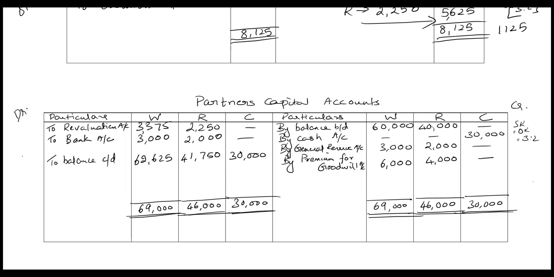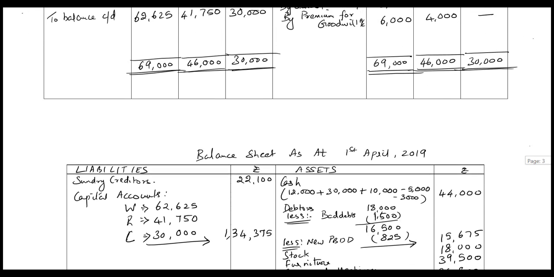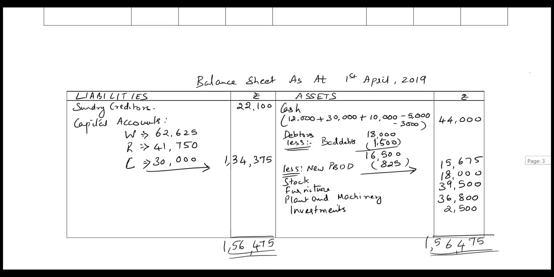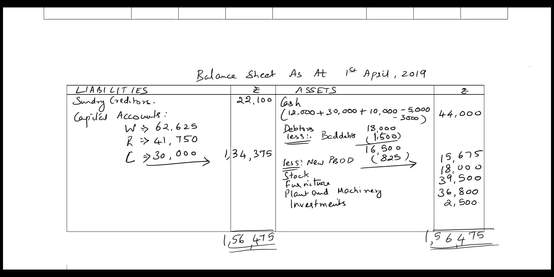The balance of partners for W is 62,625 rupees, R 41,750 rupees, and C 30,000 rupees. This is the balance sheet, both sides tallying with 1,56,475 rupees.